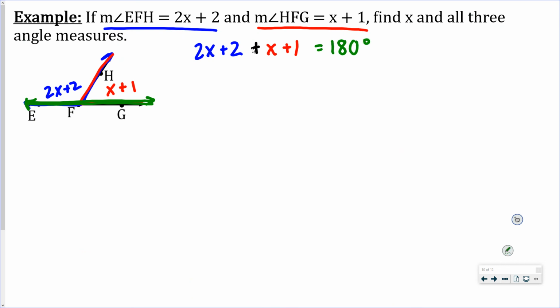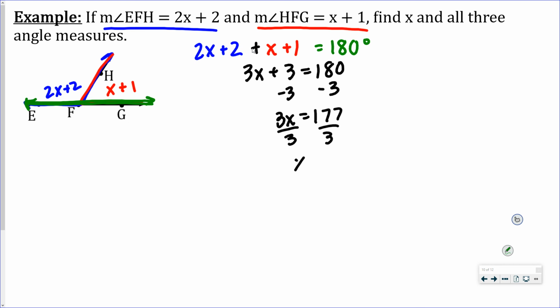Okay. So we get 3x plus 3 is 180. We solve this quickly. We get x is 59. That was one thing we wanted to do, find x, did that. Now I've got to find all three angle measures.